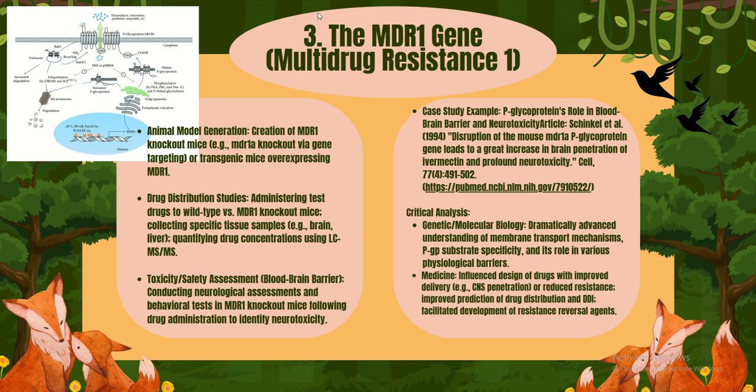Conclusion: to wrap it up, using advanced mouse models to study genes like P53, CYP450, and MDR1 is a huge part of modern drug discovery. The detailed steps, from cleverly designed mice to carefully testing drugs and analyzing results in the lab, have not only taught us fundamental things about genes and cells, but also given us vital information that directly translates into new treatments.